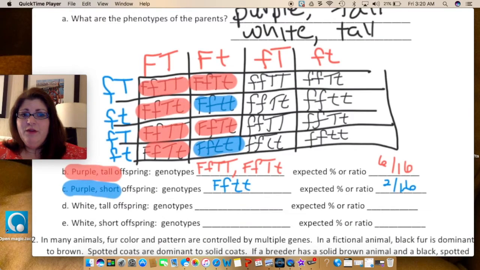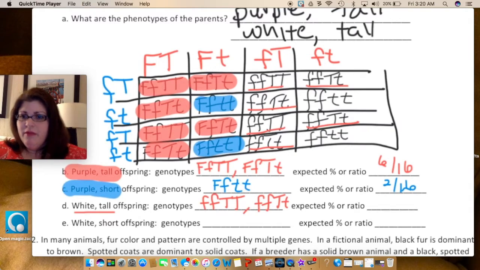Looking at the white then, we're going to need recessives for the F, but at least one capital for the T, for tall. So that's going to be these. And that gives us 2 different genotypes. Both have little f, but some are homozygous for T's, big T, and others are heterozygous, big T, little t.